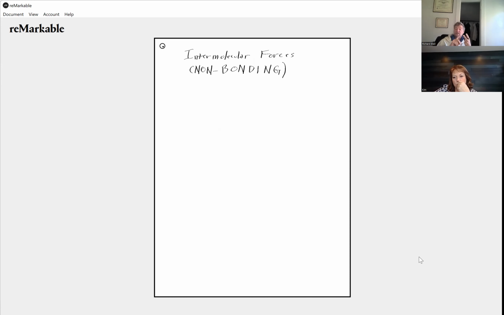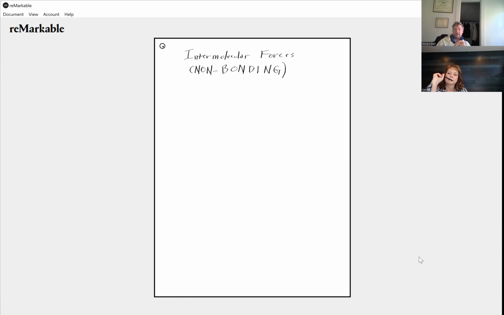Now you can further say covalent can be polar or non-polar, which is important. So there's two or three types of chemical bonds, technically two, ionic and covalent. These are the non-bonding intermolecular forces. These are the forces that hold elements and molecules together when they are not bonded together.